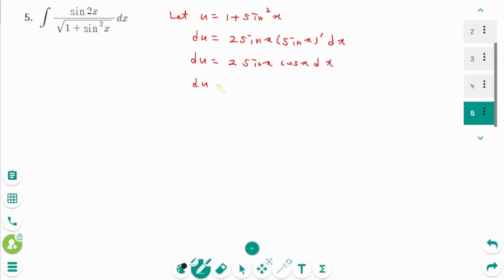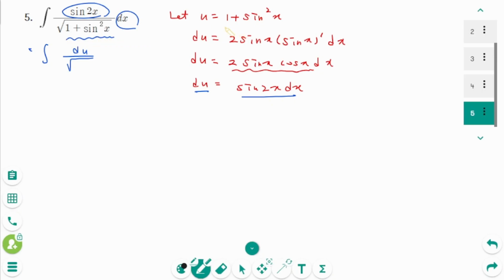Use the double angle identity, this one, we can rewrite as sine 2x dx. Let's replace all x with u. The integral of sine 2x dx is du over square root of 1 plus sine squared x equals u.